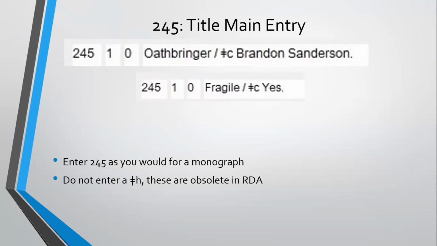Okay. So like I was saying about the responsibility, that also comes into play with your statement of responsibility in the 245 field. So you don't want to include here people who perform, narrate, or contribute in some other way, but don't actually compose the thing or aren't considered a creator of the thing.